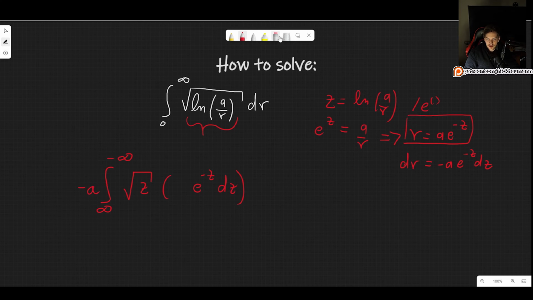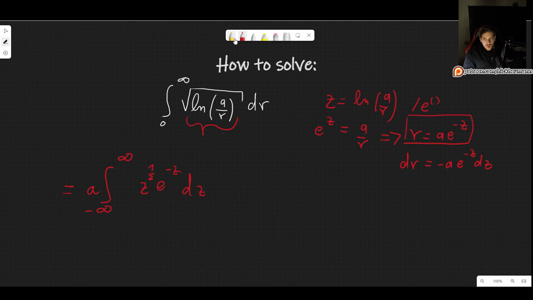So we are left with the integral of z to the 1/2 e to the minus z dz. One thing that I will do now is use this minus sign to flip our limits of integration, so now it goes from minus infinity to infinity. So what we have to solve now is this integral.